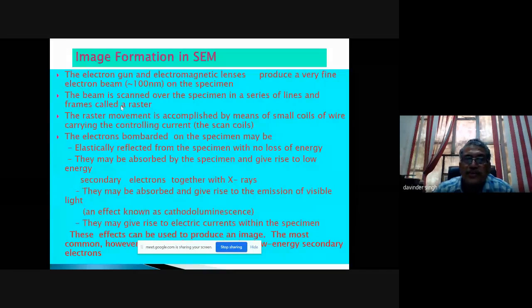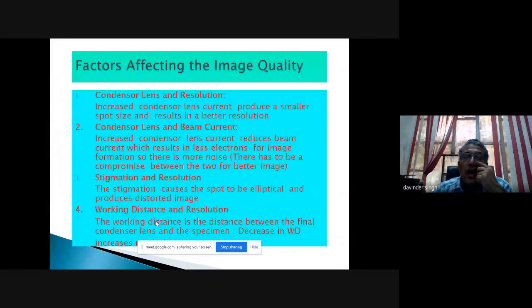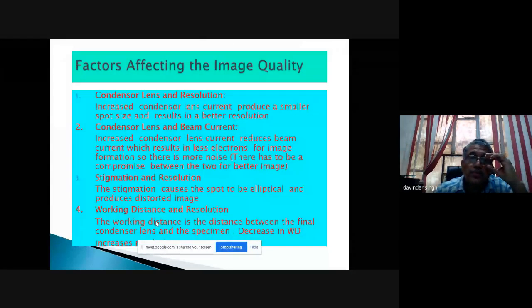Generally we say the raster movement is accomplished by means of small coils of wire carrying the controlling current. So by using the scan coils, you can control the scanning. And sometimes people are also using the cathodoluminescence image. Okay, so that is also useful sometimes for the scanning electron microscopy.